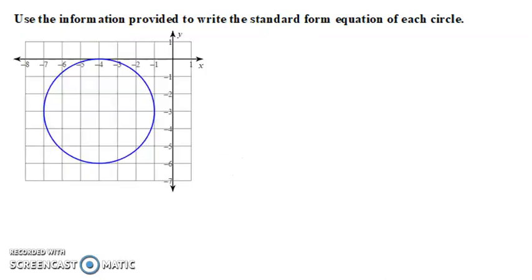And then the last one is to write the equation if you're just given a graph. So again, we need to find the center and I need to find the radius. So for the center, just find the center of the circle, plot a point, see where the coordinates are. This one we've got negative 4, negative 3.